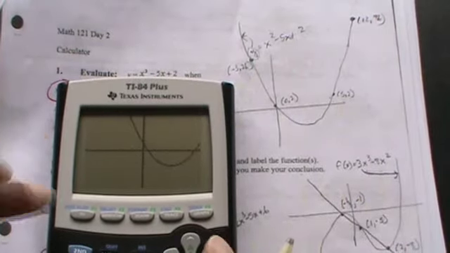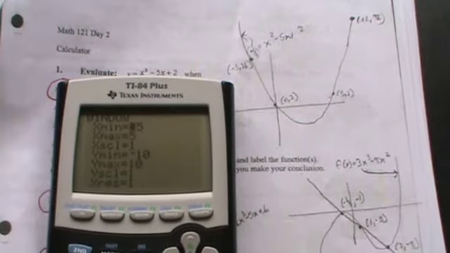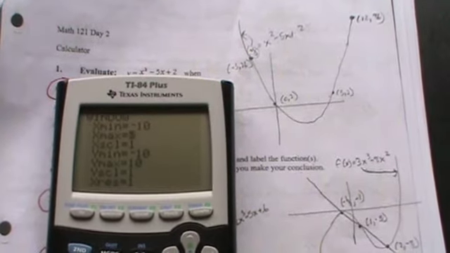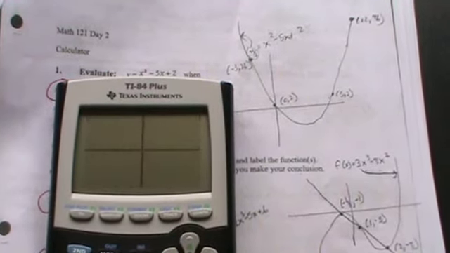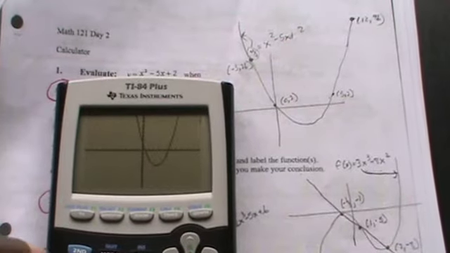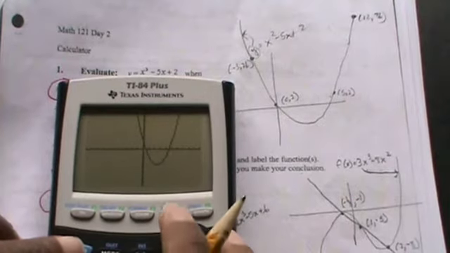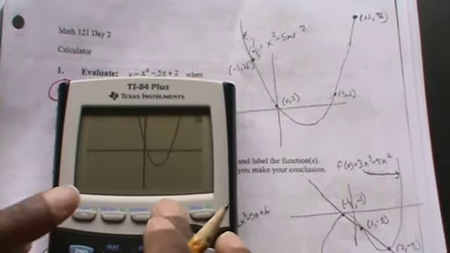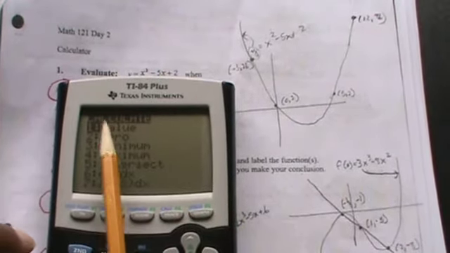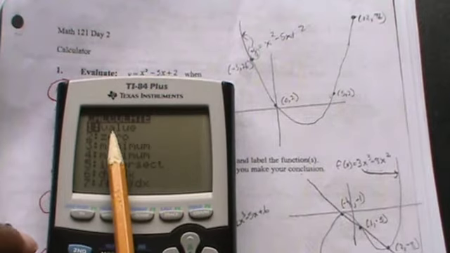Okay, so usually I use the standard window, which is negative 10 to 10 on the x and the y. So let's see how that's going to work. If I do that, this is another alternative to what you see in your videos from YouTube. Second calc, number 1, will allow you to evaluate a curve at a specific x.